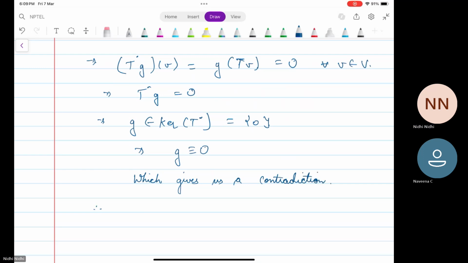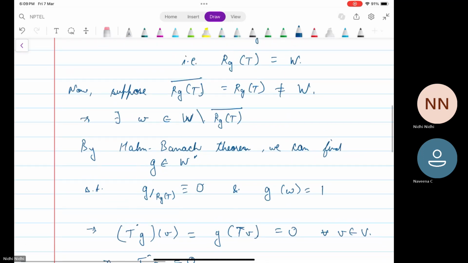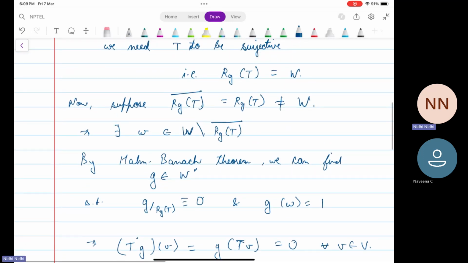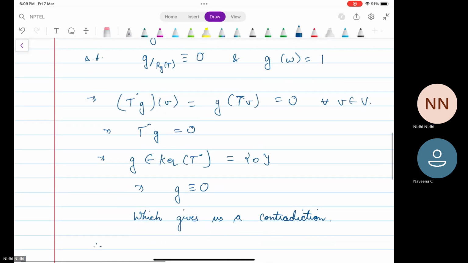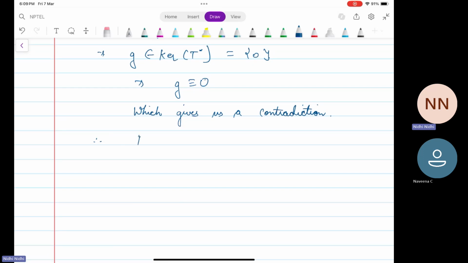Therefore, range T should be equal to the space W, which implies T is surjective and hence invertible.